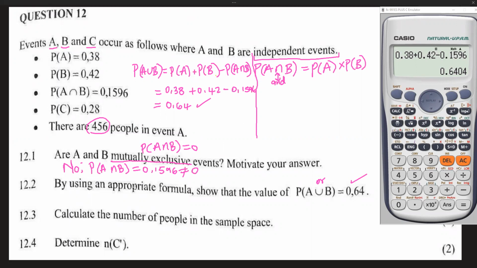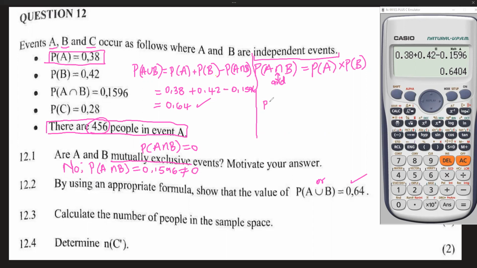And then now they want us to calculate the number of people in the sample space. To find the number of people in the sample space, I'm going to use this part here because they gave me the number of people in event A, and I also know the probability of event A, right? Perfect. So let me just write the formula down.